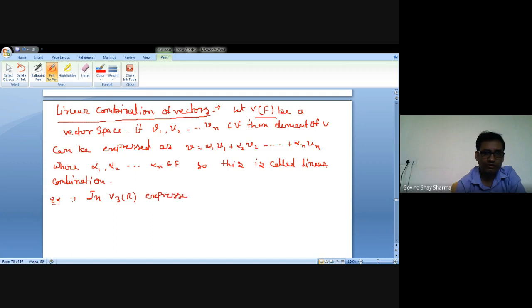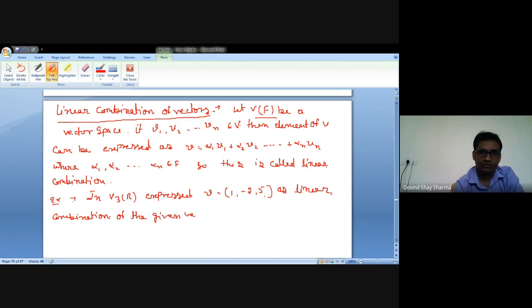Express v equal to (1, -2, 5) as a linear combination of the given vectors v1 equal to (1, 2, 3), v2 equal to (2, -1, 1) and v3 equal to (1, 1, 1).